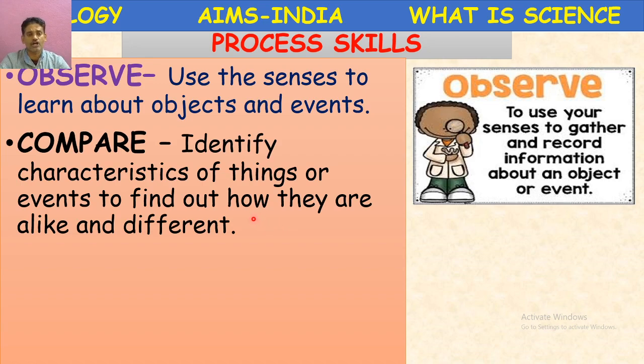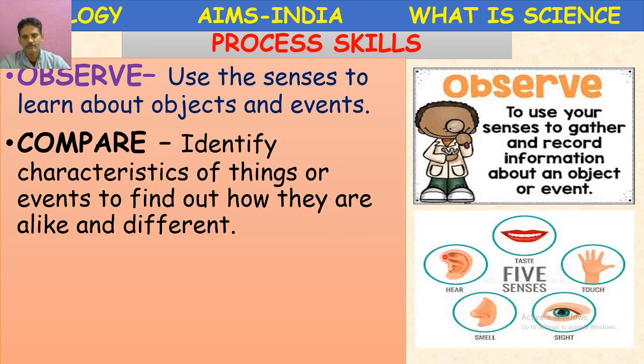In some location you have observed something; the same object or event, if you see from another angle or in another place, you will notice some differences. To find whether things are alike or different, the comparing skill is useful.